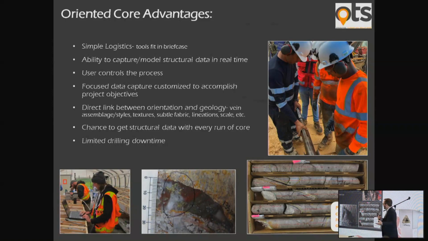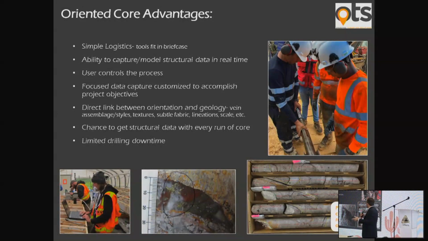And so if the geologist is able to make a meaningful data set and make choices on what they're going to measure in the rocks, just like they were mapping on the surface, that's when we get the best data sets to work with. And so since they control that process, they have the ability to make a direct link between structure and all the things that it controls, like the rest of the logging, like lithology, alteration, things like that. And there's a lot of value in that part of the workflow.